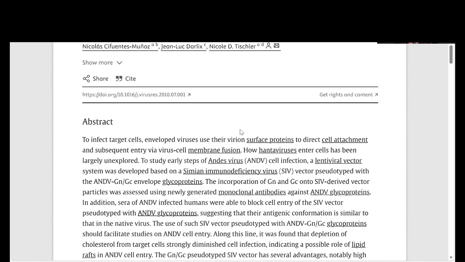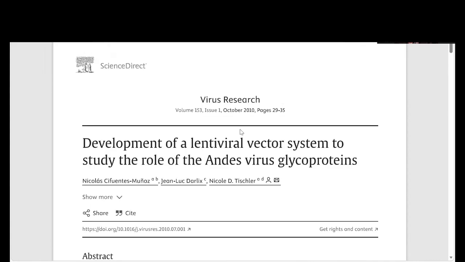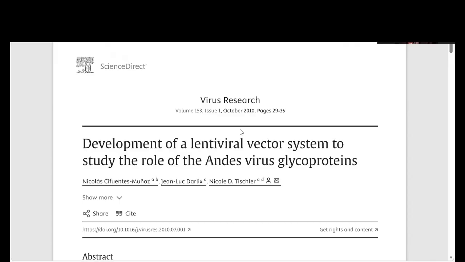as of this recording. Now, what this paper did was design a vector system, a lentiviral vector system. Now, lentiviral vectors are from the family of retroviruses, and lentiviral vectors are coming from viruses that are like SIV and HIV.